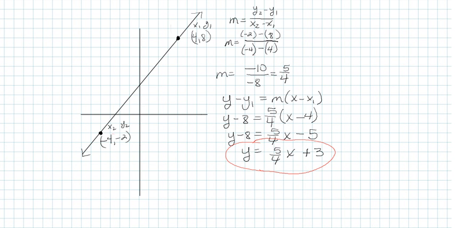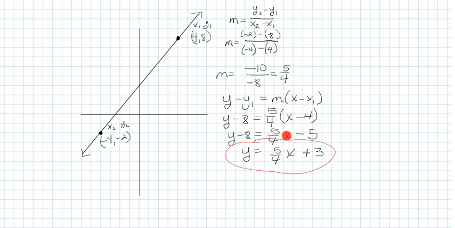So now we're going to use our point-slope form to plug these in. y minus y1 equals m times quantity x minus x1. Our y1 is 8, so we have y minus 8 equals our slope, 5 over 4, times the quantity x minus our x1, which is 4. So let's distribute the 5 over 4 through the quantity.